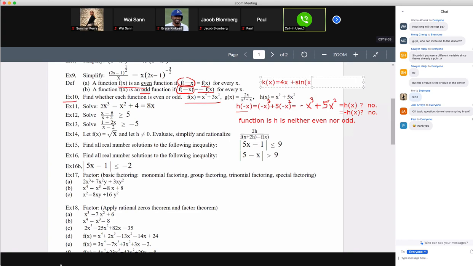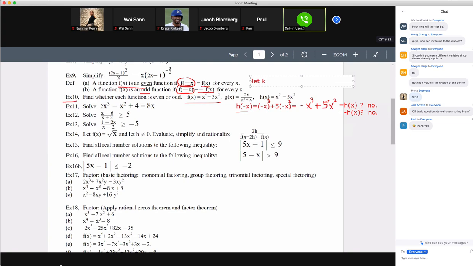Let me just give you a trick function here. Actually, let me not give you a trick. Let me avoid the trick example, because if I give you sine of x, then you have to know what sine of minus x is, and maybe many of you already forgot that. Okay, so let me just give you a non-trick example.